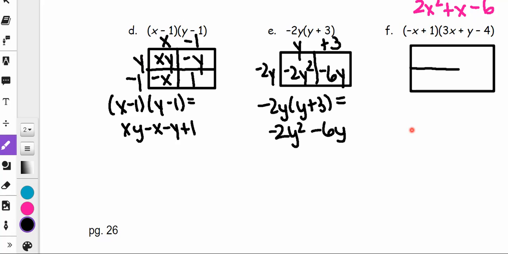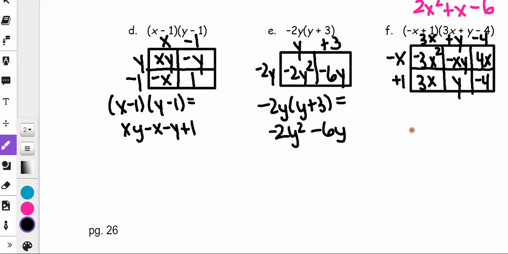Now, this last one here, I have 2 terms and 3 terms, so I'm going to draw it as a 2 by 3. And I'm going to have my negative x and my plus 1, 3x plus y minus 4. So it's going to be a negative 3x squared, a negative xy, a 4x, a 3x, a y, and a negative 4.